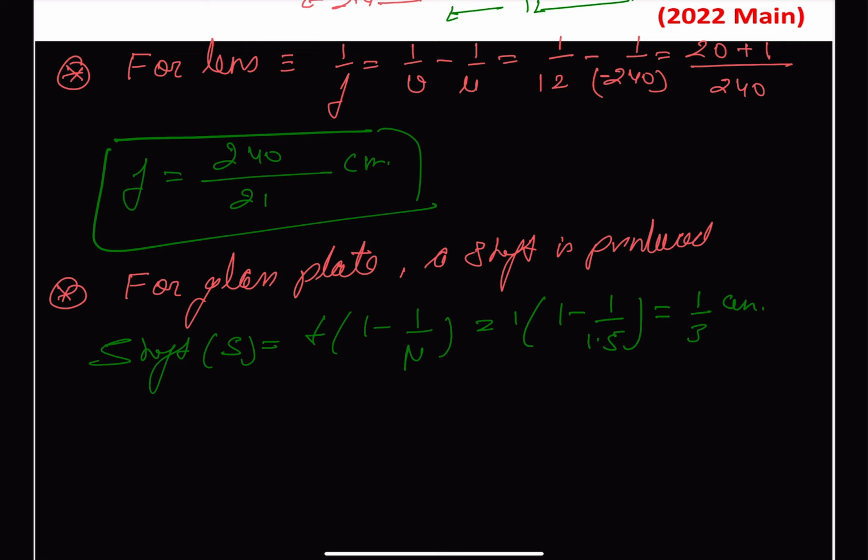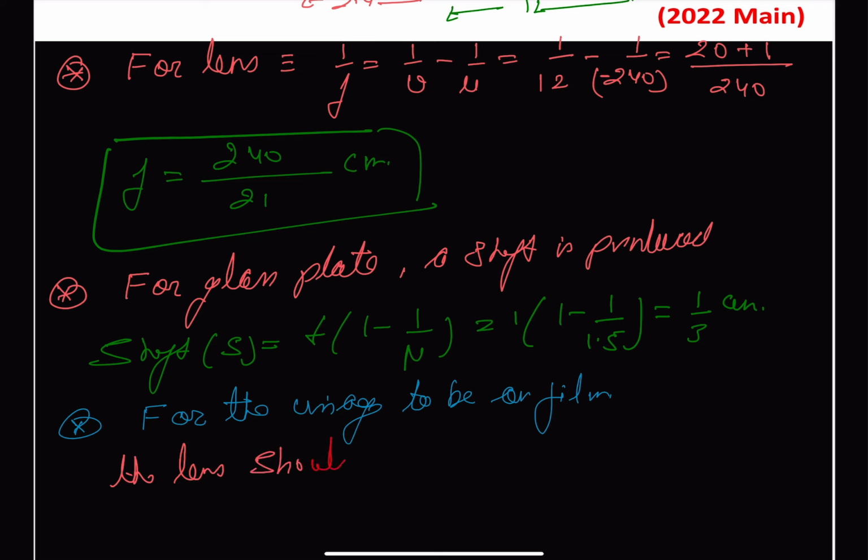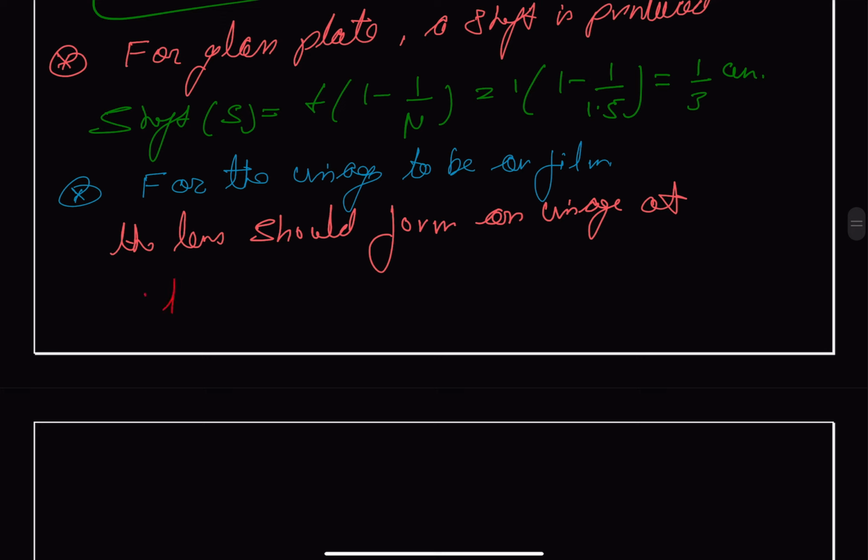So it means if you want the image to be on the film, the lens should form an image at a distance, let us suppose that distance is given as V prime.